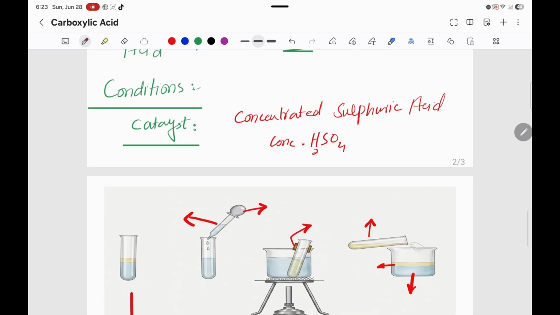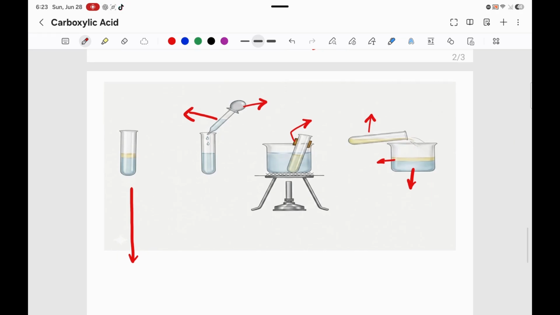So the laboratory setup for esterification is something like this. Let's understand what these labeled parts are.